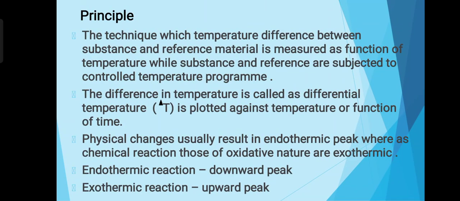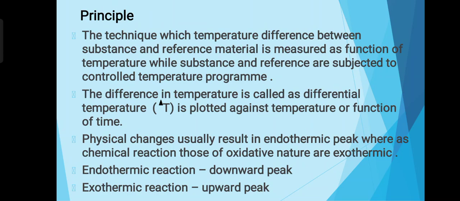Now see principle. In this technique, the temperature difference between the substance and a reference material is measured as a function of temperature, while the substance and reference are subjected to a controlled temperature program. The difference in temperature, called the differential temperature, is plotted against temperature or as a function of time.